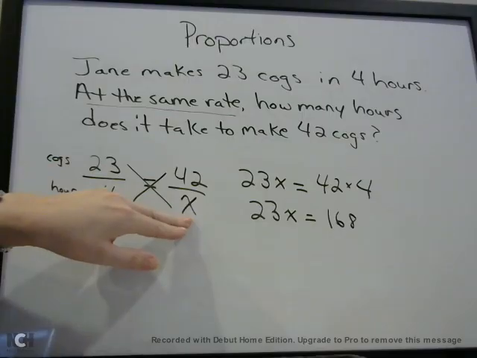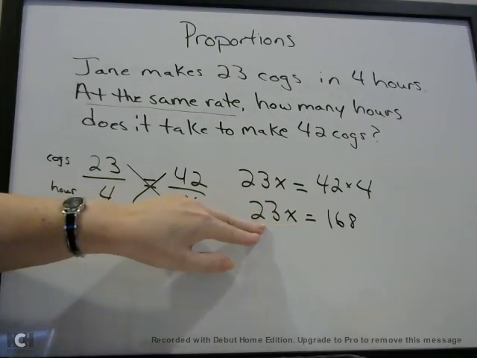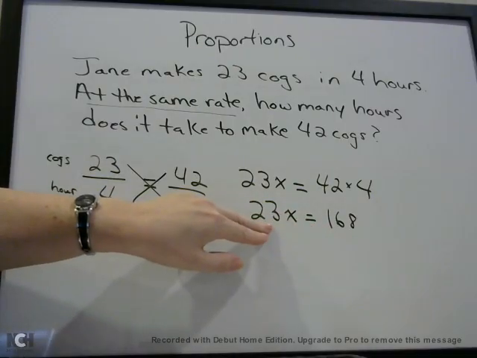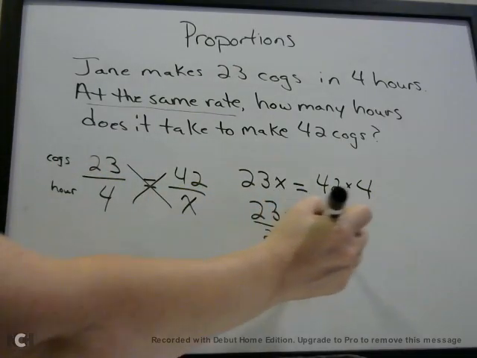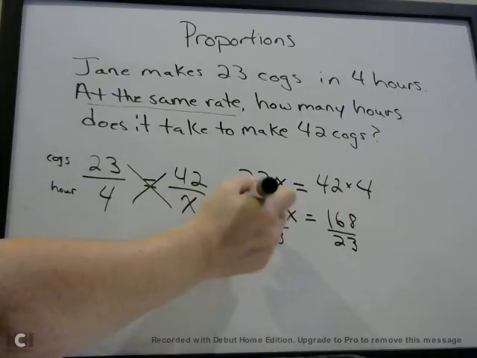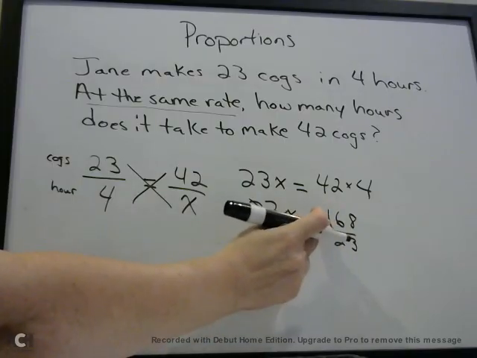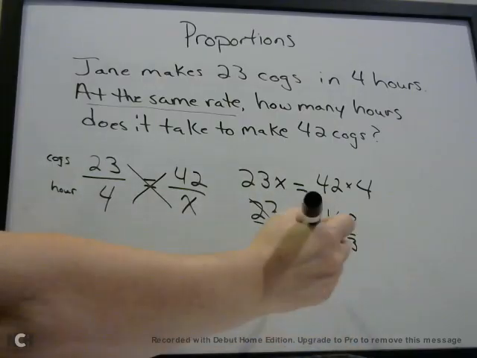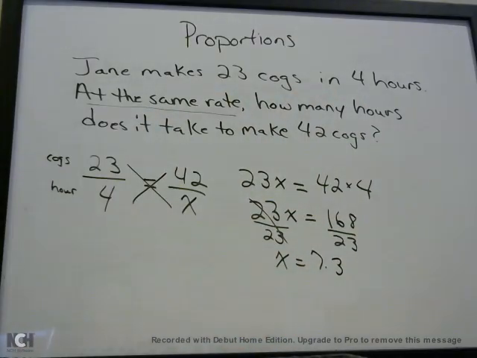That's what x represents. So how do we solve for x in this problem? We simply divide each side by the number, by 23. So we're going to divide by 23 on both sides. That cancels out, so we have x equals 168 divided by 23. If you put that in your calculator, you're going to get 7.3.